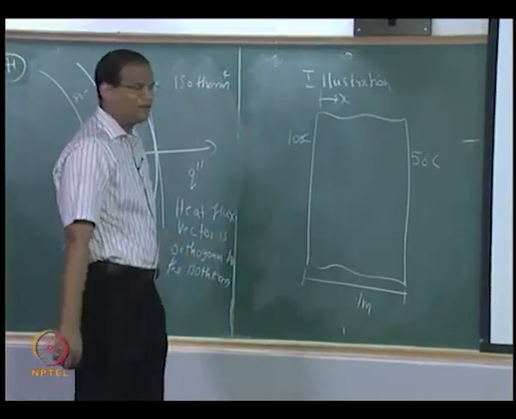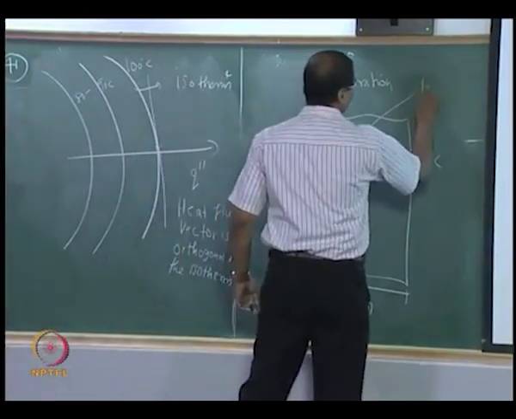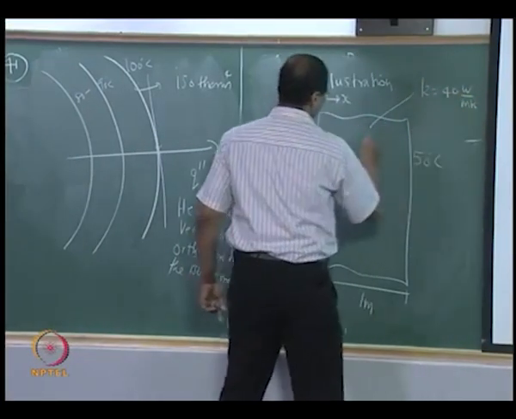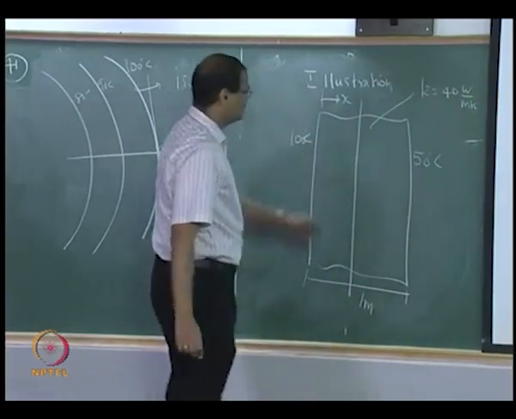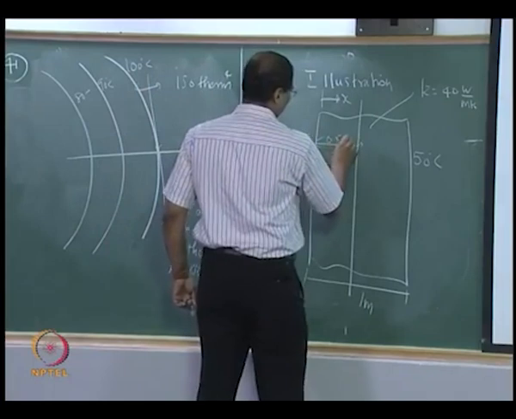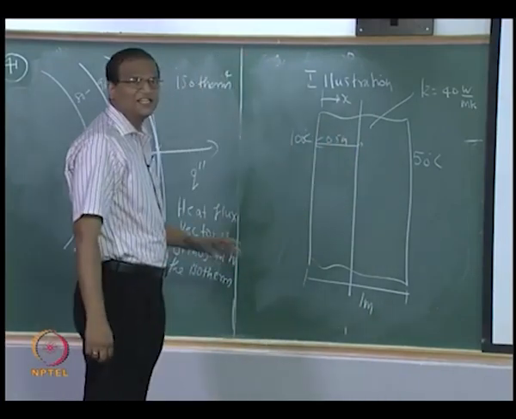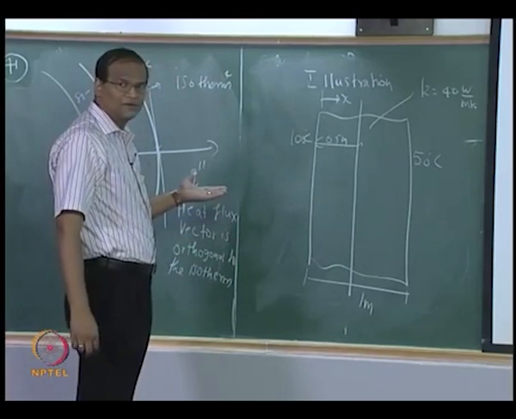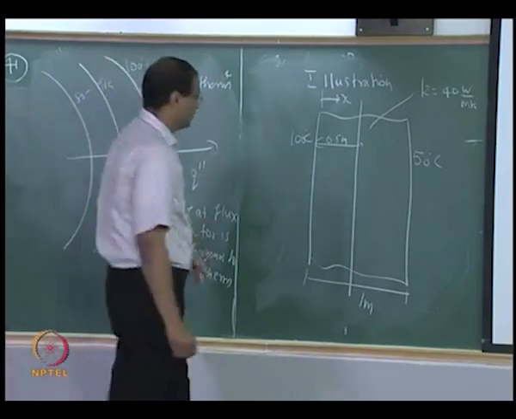Let us say conduction in a plate. What should be the temperature here? So it is a 1D problem, no heat generation, nothing, constant properties. What do you expect the temperature to be? 75, okay.